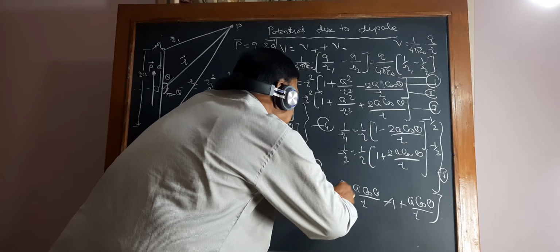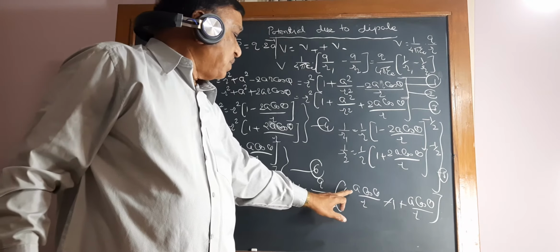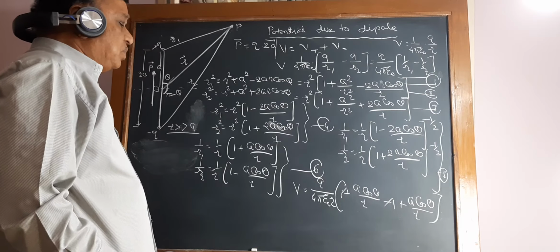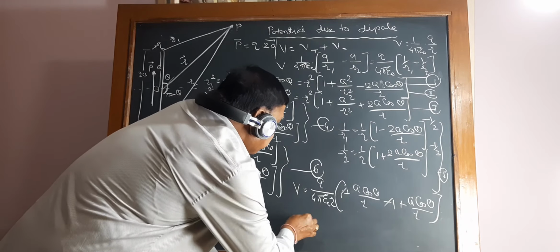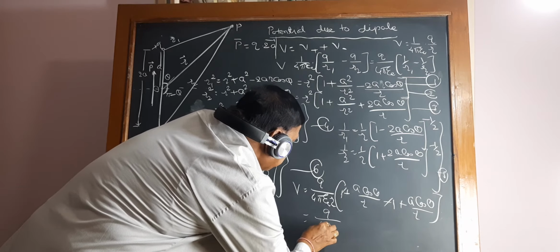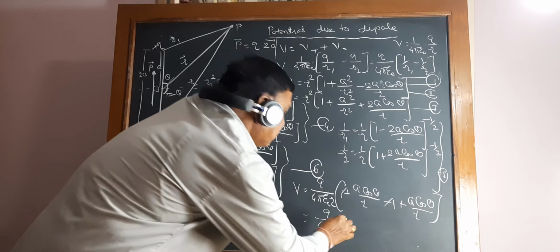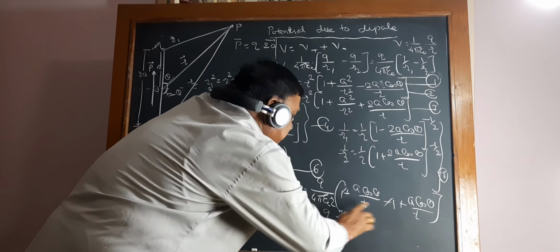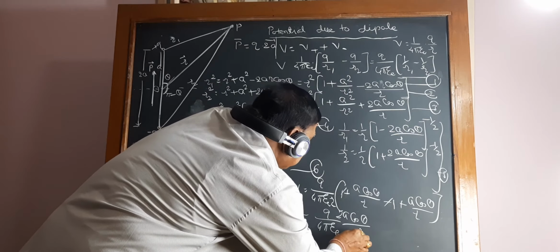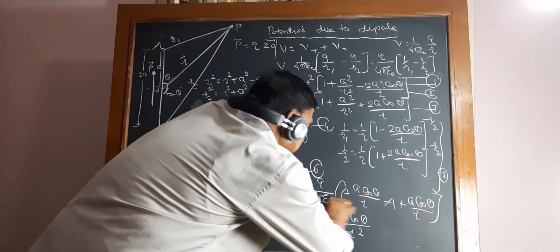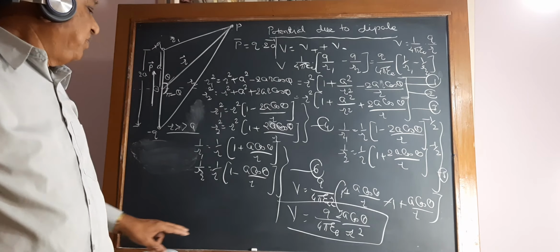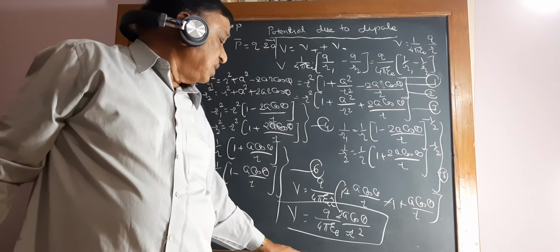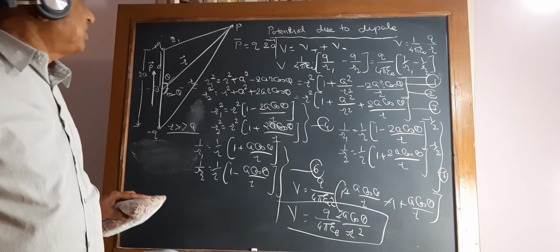So this will be cancelled. A cos theta upon r plus a cos theta upon r means 2 times. Q upon 4 pi epsilon 0, 2a cos theta upon r and r, so r square. So the simple formula is V equal to q into 2a cos theta upon 4 pi epsilon 0 r square.